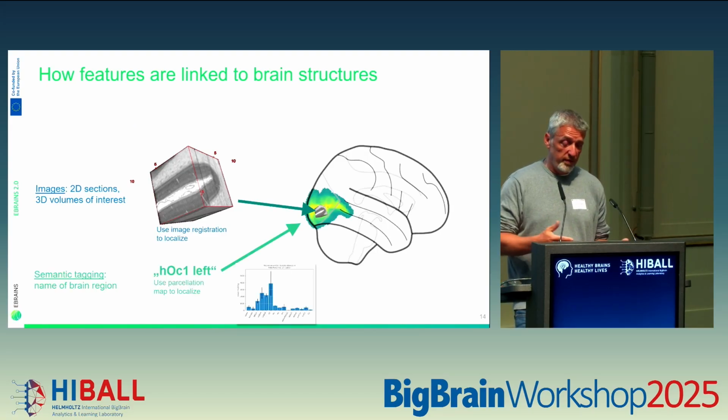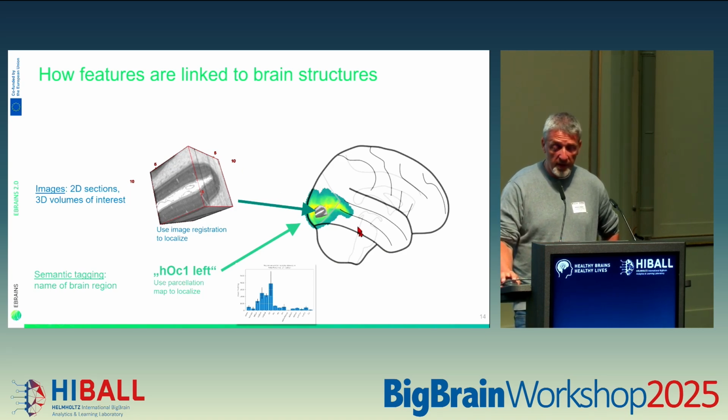Sometimes you do not have such volumes or all the information around. So you can also do a more easy semantic tagging, so that you know that your data, your features were extracted, for example, in area HOC1 left, which is the primary visual cortex, here with the probabilistic maps displayed at the back of the brain.